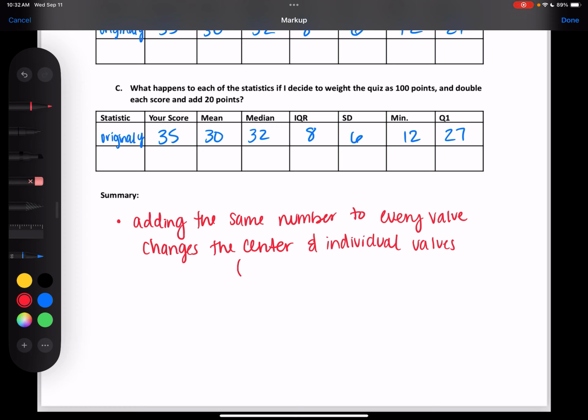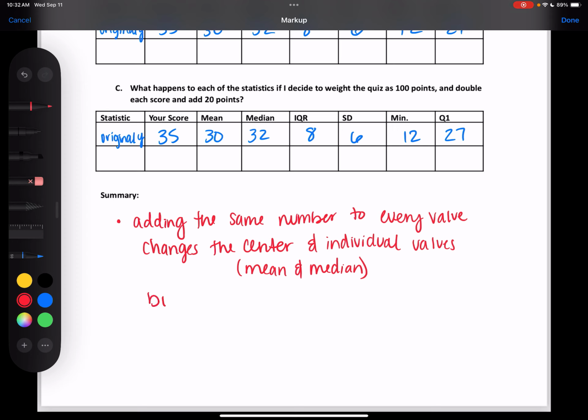When I say that, I mean the mean and the median. They are changed by whatever number I'm adding. If I'm adding 25 to everyone, then I add 25 to the mean and the median, and so forth. Individual values like Q1, Q3, min, stuff like that.